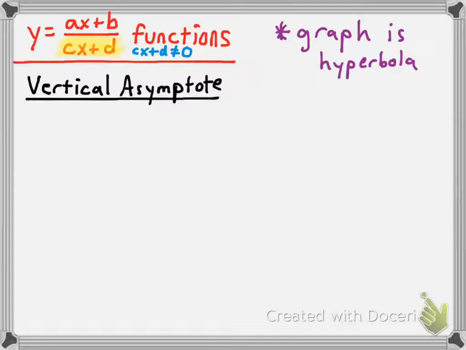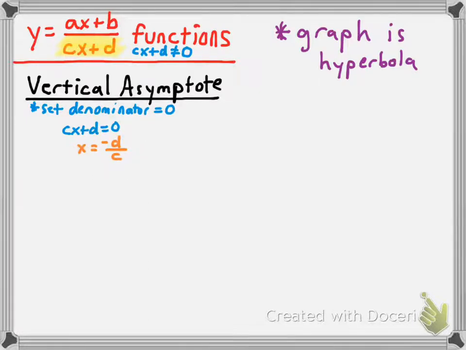So we can find out what the vertical asymptote is by setting the denominator equal to 0. And if we set cx plus d equal to 0, and then we subtract d from both sides and then divide by c, we'll find that the vertical asymptote exists here at x equals the opposite of d over c.